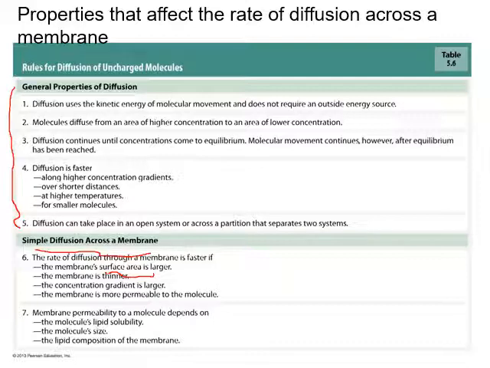And the membrane is more permeable to the molecule. What makes the membrane more permeable is the molecule's lipid solubility. In the case of the plasma membrane, the more nonpolar the molecule is, the more likely it's going to move through. But also size is a factor, and also the composition of the membrane. We won't look so much at this, but we'll see these two factors up here come into play when we're talking about molecules moving across the membrane.